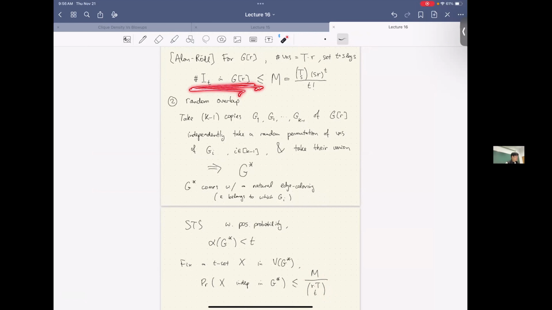We bound the number of independent sets of size T in each copy of GI. There are at most M of them. So the probability that M of such sets land on this particular X is M over the total number of T sets.